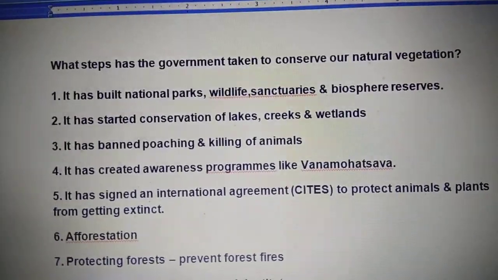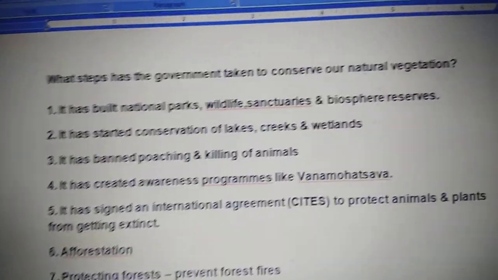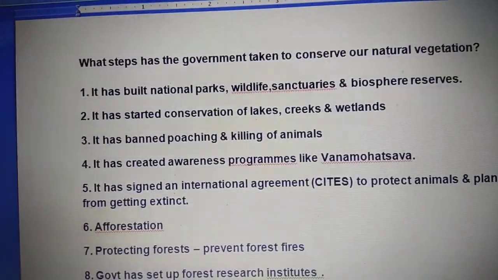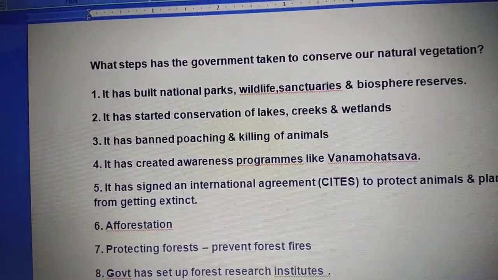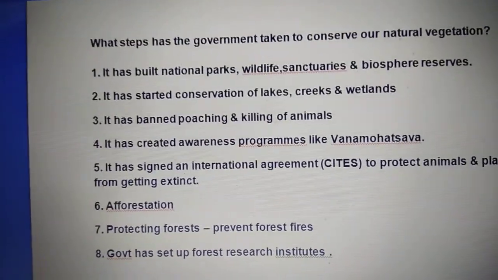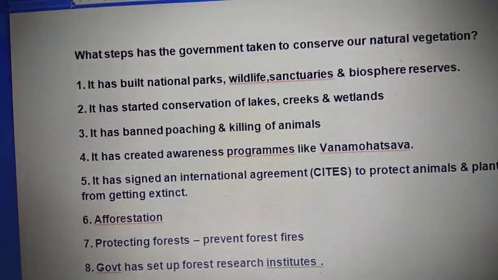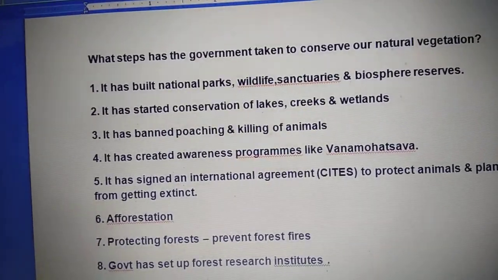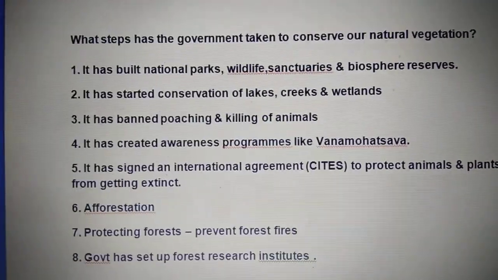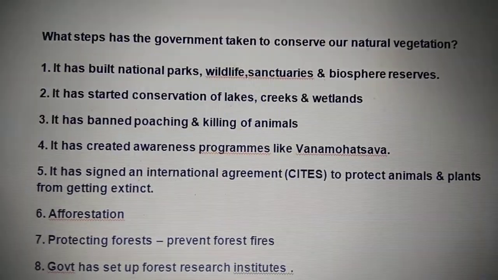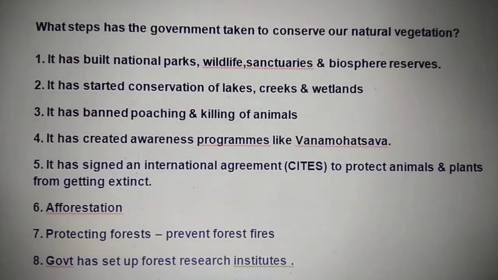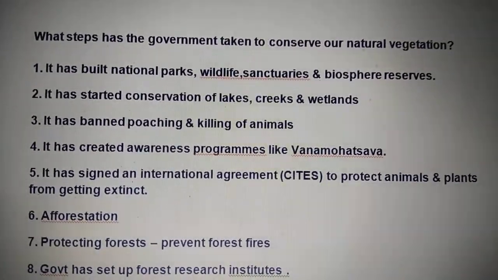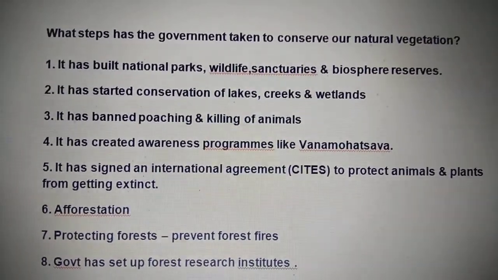This is an agreement to ensure that international trade in species of wild animals and plants does not threaten their survival, and roughly 5,000 species of plants and animals are protected. And some of the animals which are going to get extinct, make sure that they are protected. So this is an international agreement to protect animals and plants from getting extinct.